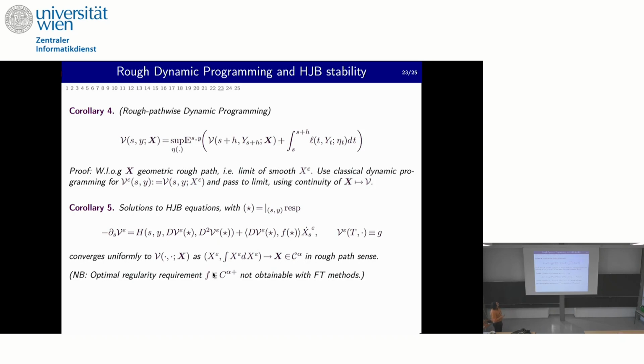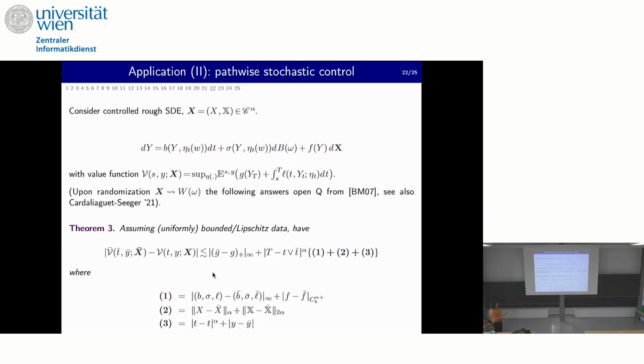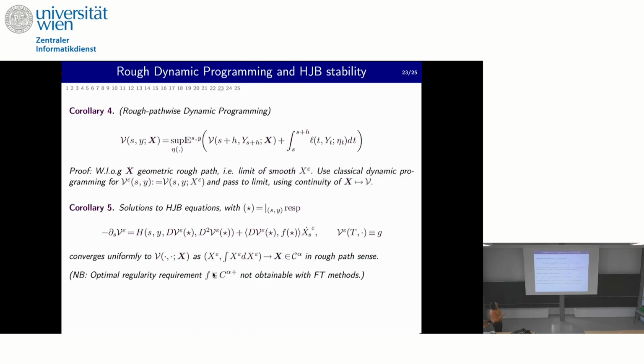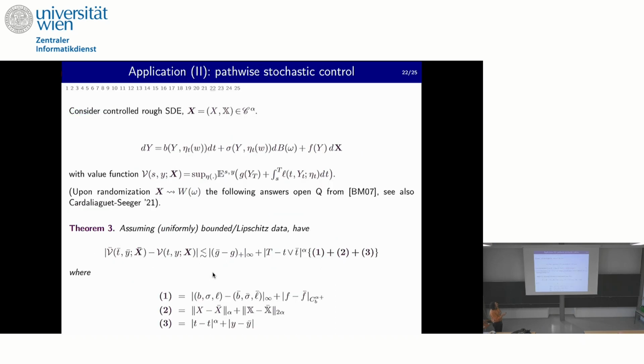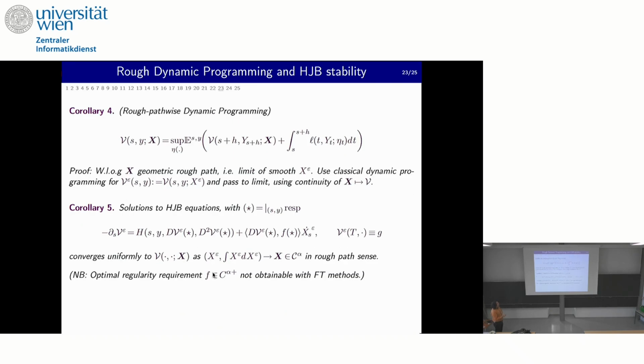Two-line proof. And last but not least, this is implicit here. If you ask yourself about this HJB equation, if X is smooth here, then there's no question that this value function is the viscosity solution to the usual HJB equation. And so this is what I mean here with the epsilon.